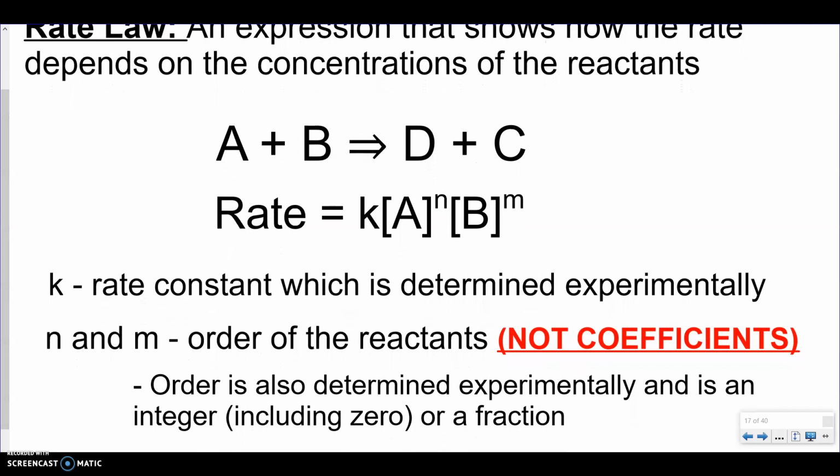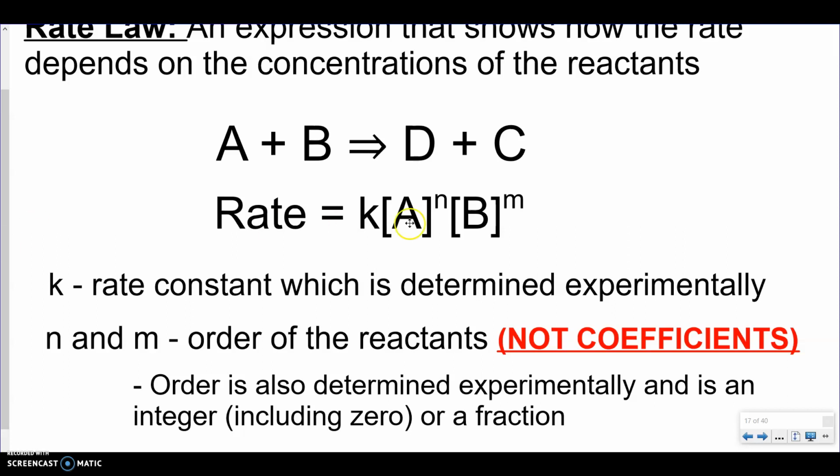We won't see negative values, but we can see fractions, we can see 0, we can see 1, 2, and 3, which are the more common. You're not going to typically see 4 and 5, though they're not out of the possibility. They're very uncommon because of what they represent, which we'll talk about when we get to mechanisms. But fractions and positive values between 0 and 10 even are not out of the question here.